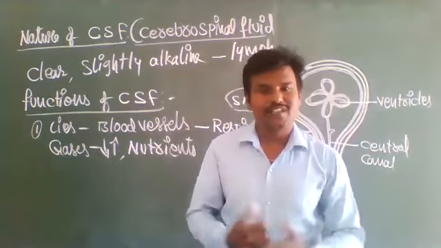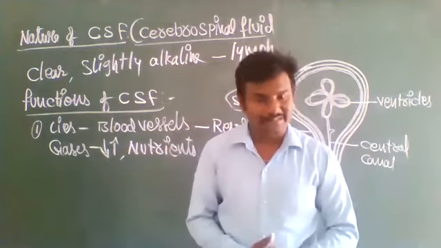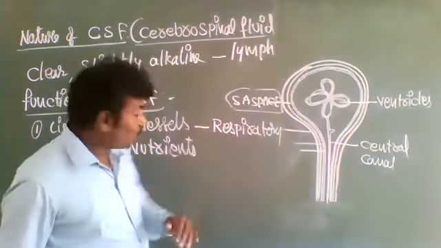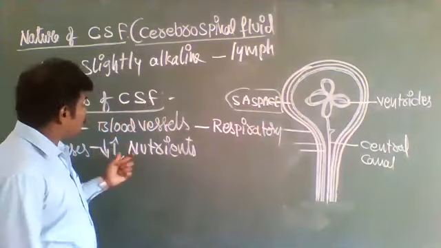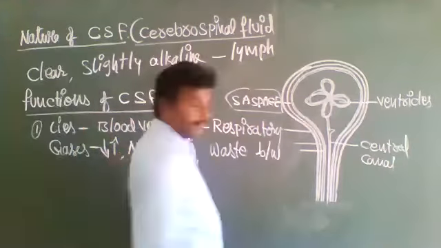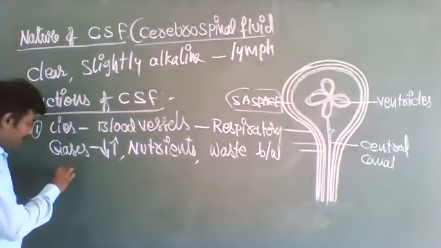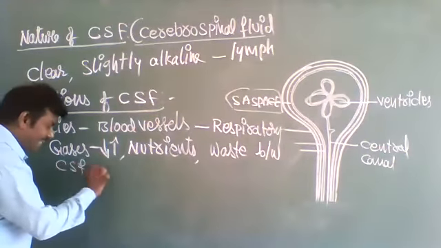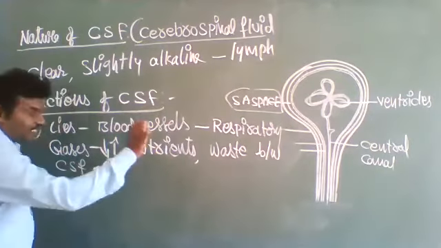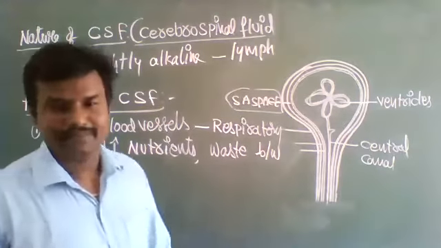In such cases, the brain performs its activities effectively. It also helps in absorption through the blood. It supplies nutrients and removes waste materials between cerebrospinal fluid and the nervous tissue or nervous system.